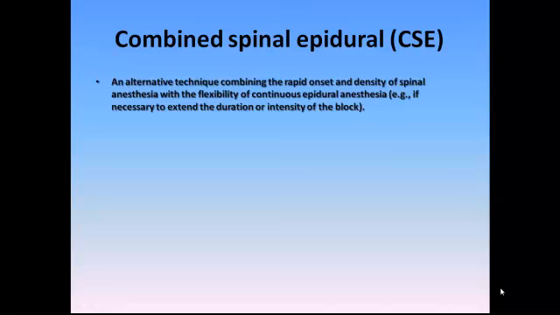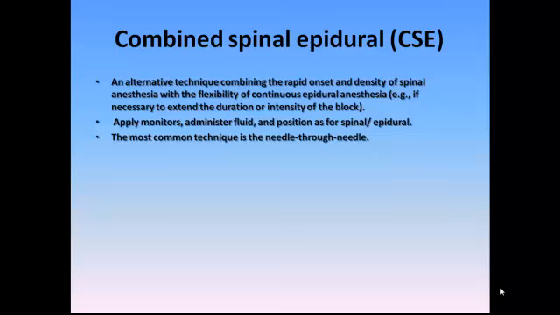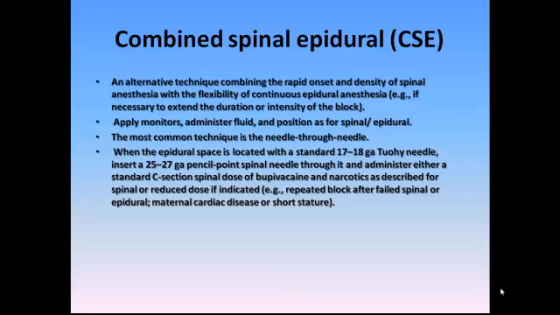What about combined spinal epidural? An alternative technique is to use combined spinal epidural anesthesia. It combines the flexibility of continuous epidural anesthesia and the rapid onset and density of the spinal block. Apply and monitor, as we have said, giving the fluid the same way and position of the patient. The most common technique is needle through needle. How can we do that?